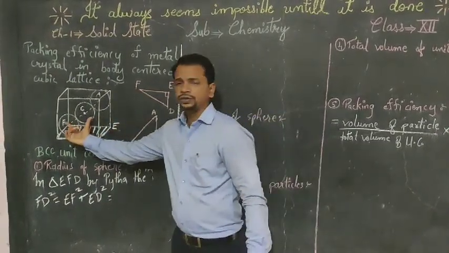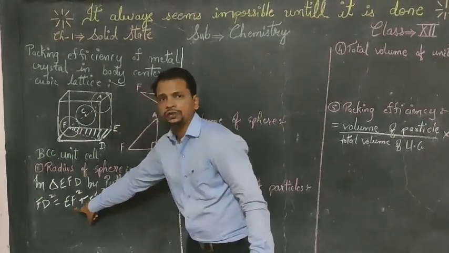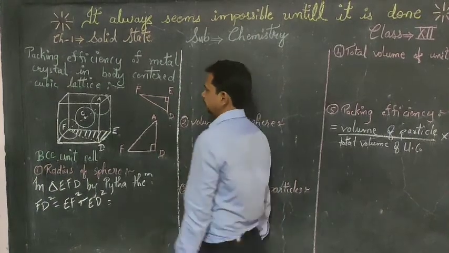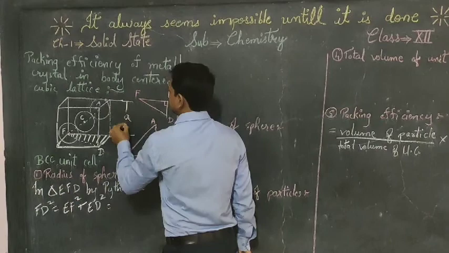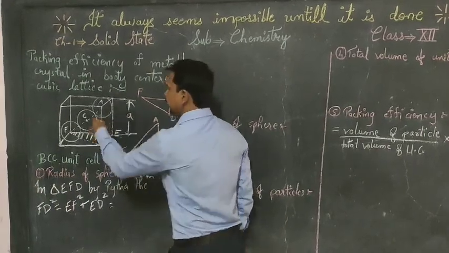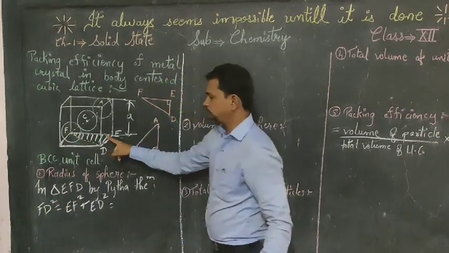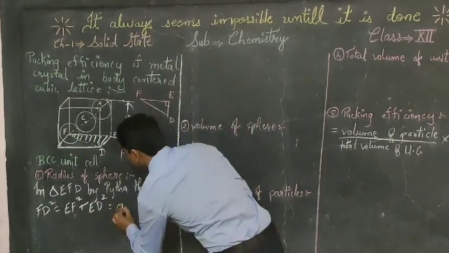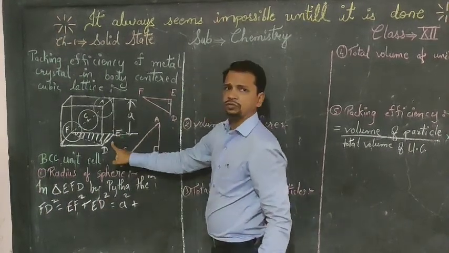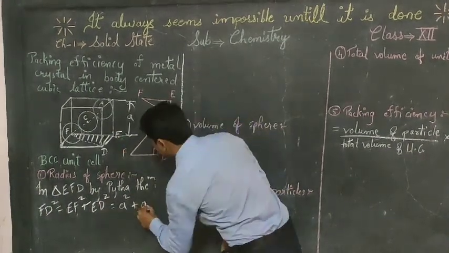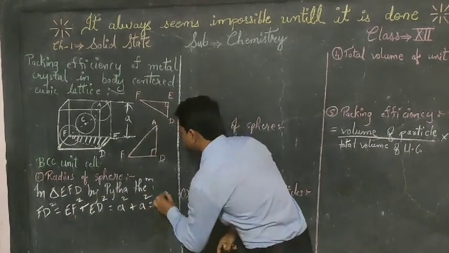So in place of EF we replace with A. So A square plus ED. This ED is also one side of the cube, so this is also A. In this way, A square plus A square will become twice A square.